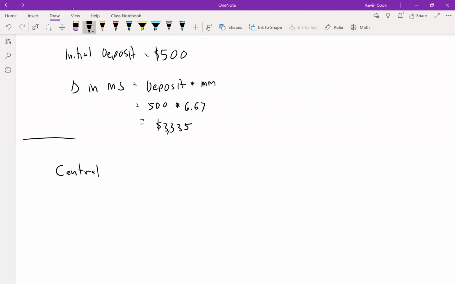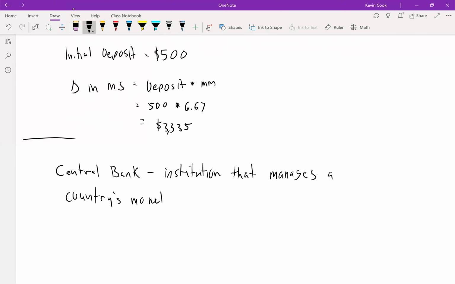So we introduced the central bank, and this is basically the institution that more or less manages a country's monetary system. And we said in the US, this is the Federal Reserve.